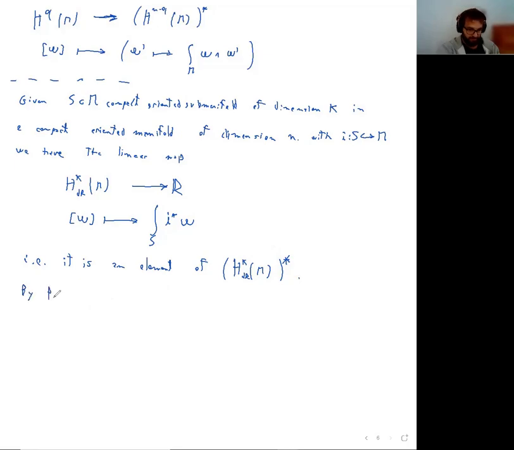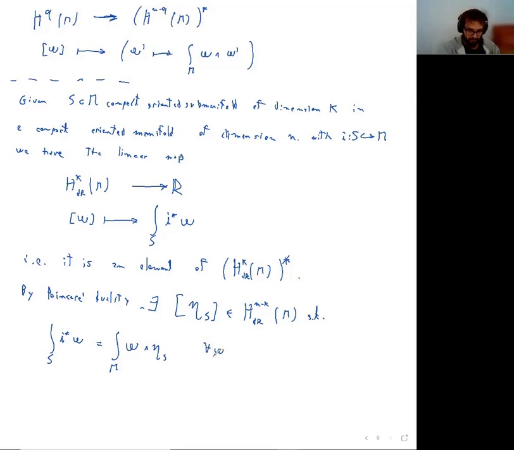And so by Poincaré duality, there exists a class which we call eta S, which is in the n minus k cohomology group, such that if you take this integral of i star omega, this is the same as taking the integral over M of omega wedge eta S, for every class omega. Yeah.